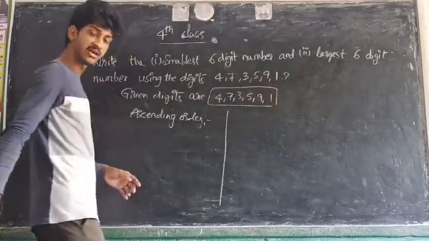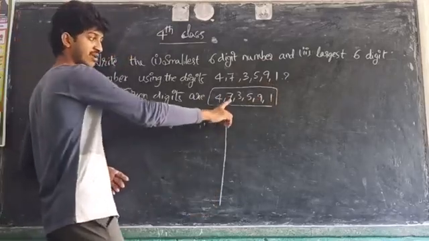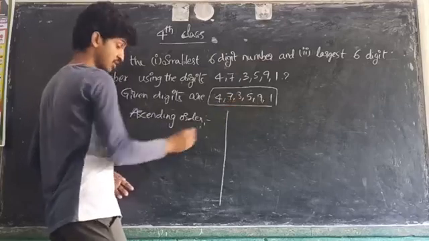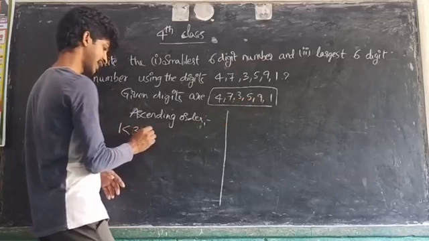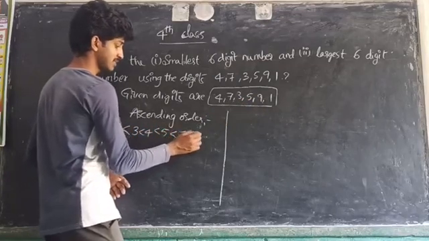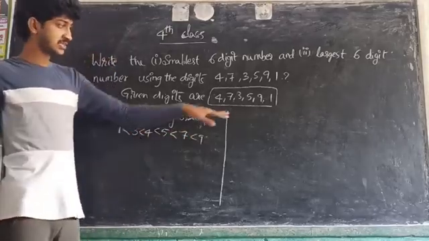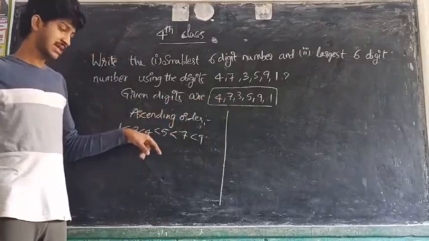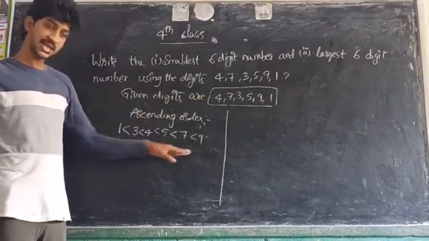Ascending order means from the smallest number to the greatest number. What is the smallest number among 4, 7, 3, 5, 9, 1? 1 is the smallest number. 1 is less than 3, 3 less than 4, 4 less than 5, 5 less than 7, 7 less than 9. This is the ascending order.